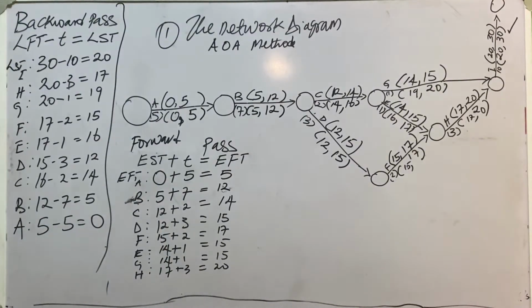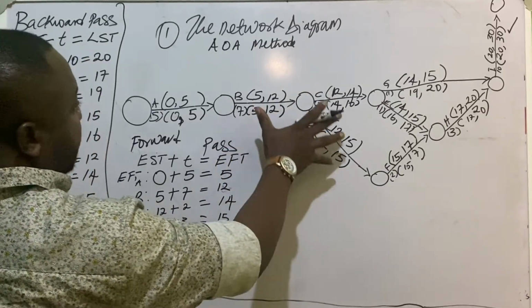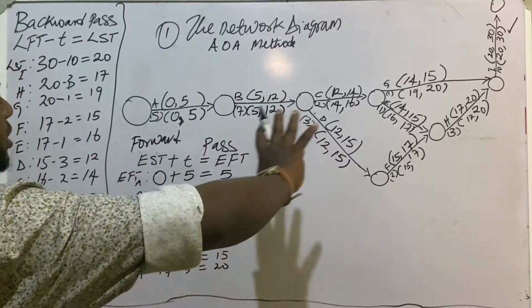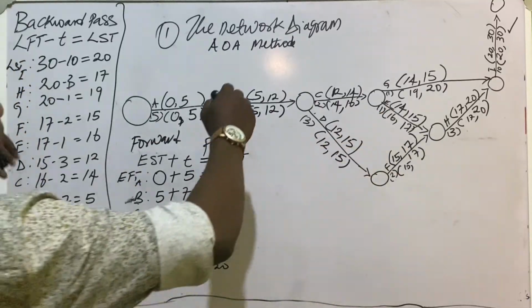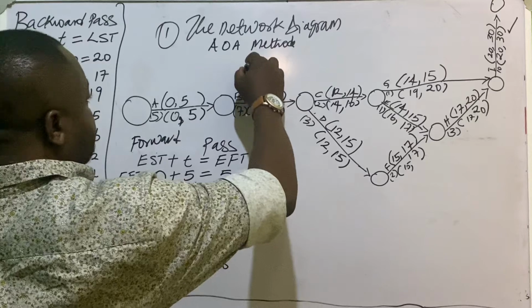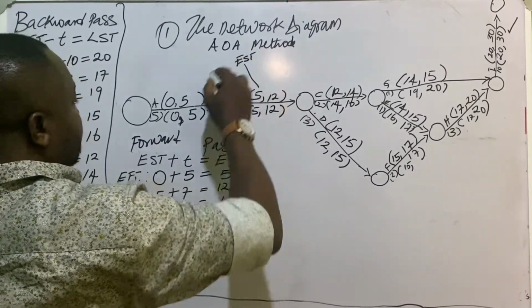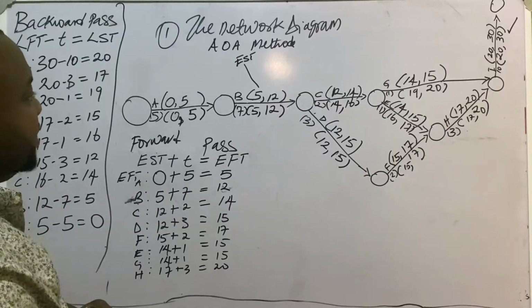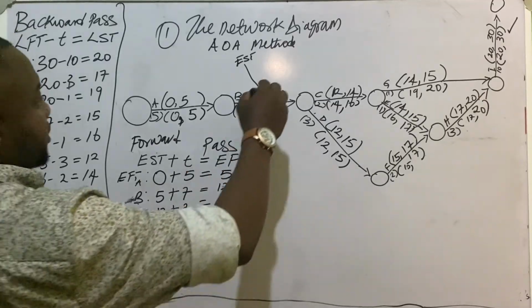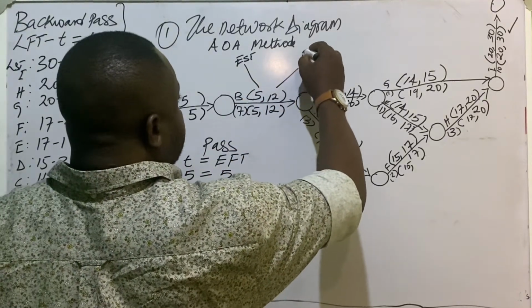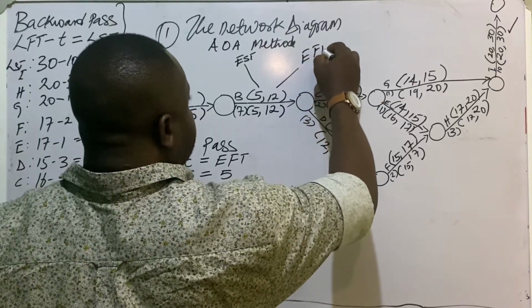Our critical path is very simple, and we have mentioned that anywhere in this diagram, on the activities, this is our earliest start time, the earliest time that the activity can start. This is our earliest finish time.